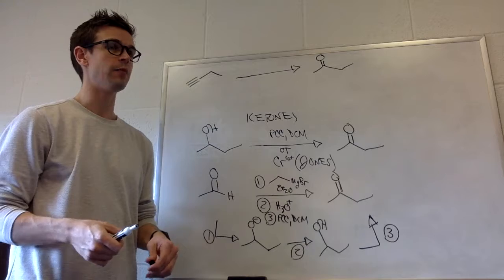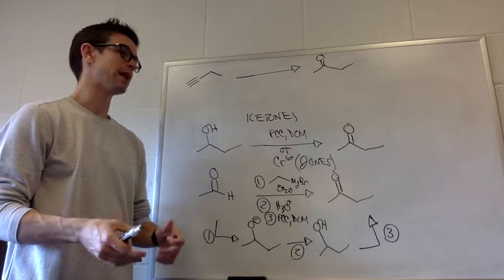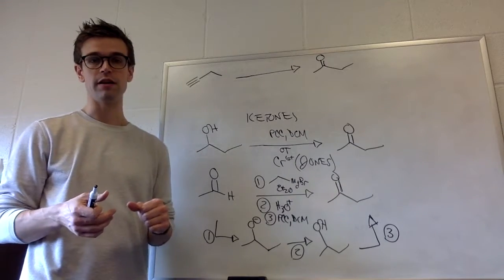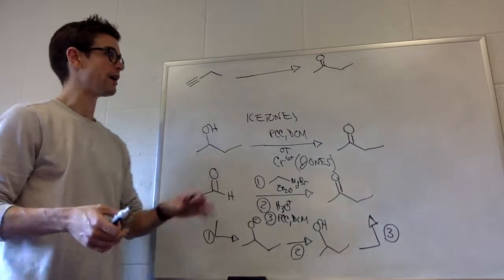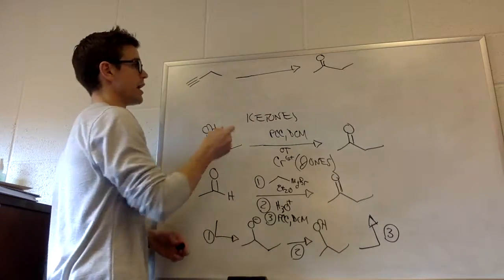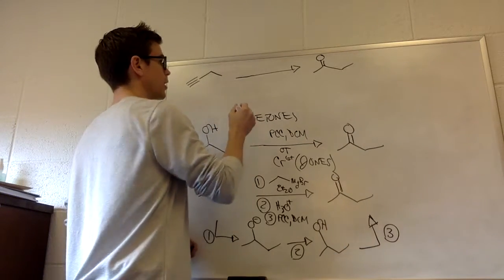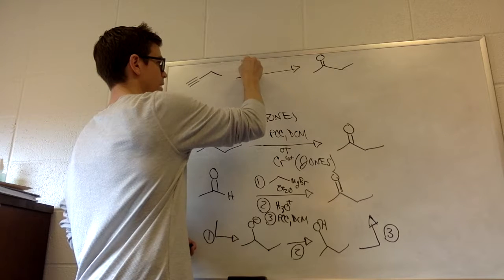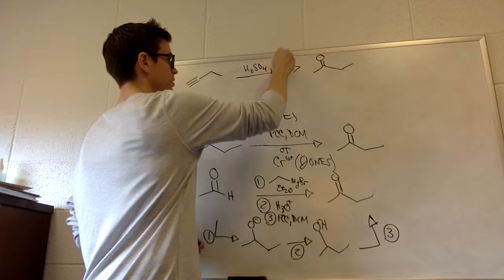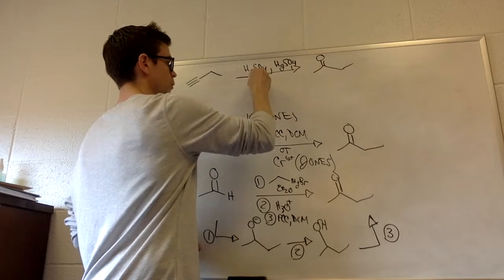And again, we saw back in chapter 11 that the hydroboration oxidation gave the aldehyde. If we want to make the ketone instead by an addition reaction, we use a hydration method. So we add sulfuric acid. I'm sure some of you remember the mercury reagent and water.